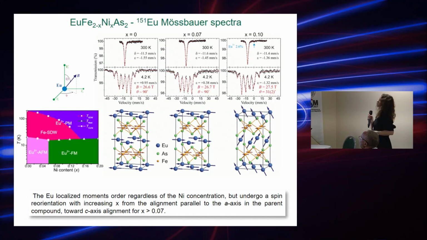And the next slide, the last one, it's the europium-151 spectra for 3 samples at 40 Kelvin, 300 Kelvin and 4.2 Kelvin. What is interesting for us is that in these spectra we observe magnetic order of europium regardless of nickel content, and we can distinguish the tilt angle between the magnetic moment and the main axis of the electric field gradient.